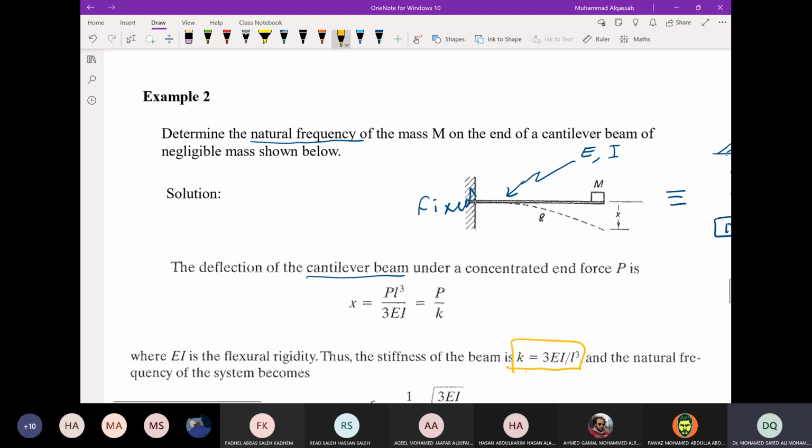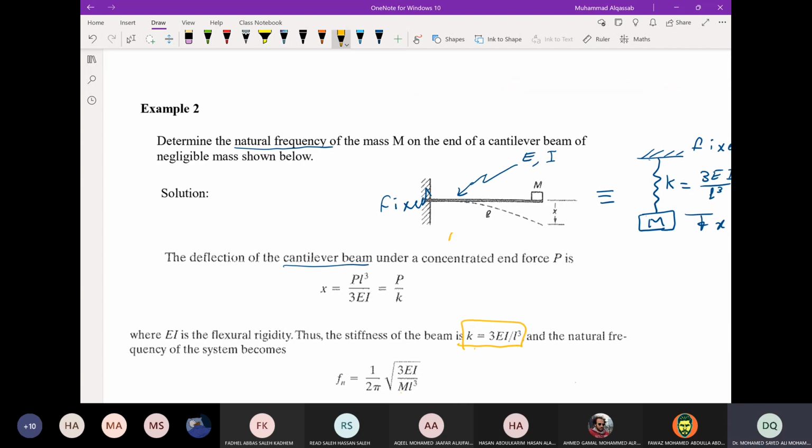Okay, so what we have here is the actual system and it is modeled as a spring-mass system. The main assumption here is that the beam is massless.